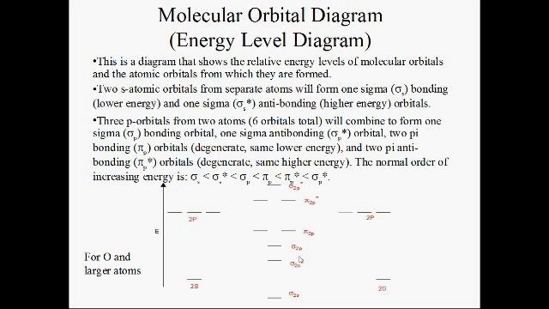And then if we have p electrons, then we're going to blend the 2p together. And if we have oxygen or larger elements, then the sigma 2p will be the lowest energy, pi 2p will be next, and then the pi antibonding and the sigma antibonding.